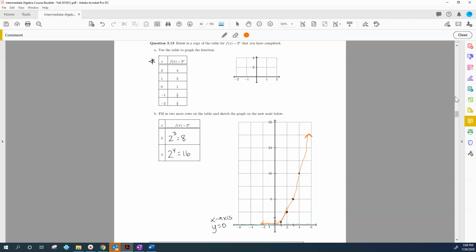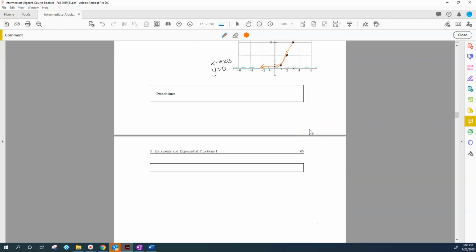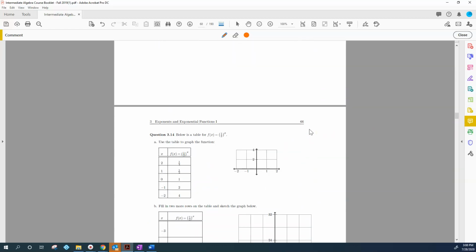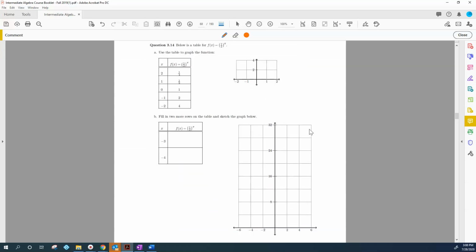Okay. And then I want to compare that with this next graph here. Remember, the one we had before was 2 to the x power, but this time we now have a fraction, and we're saying 1/2 to the x power.